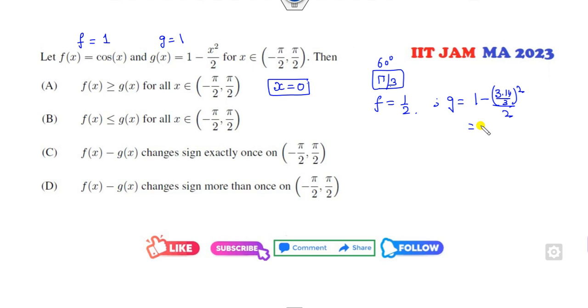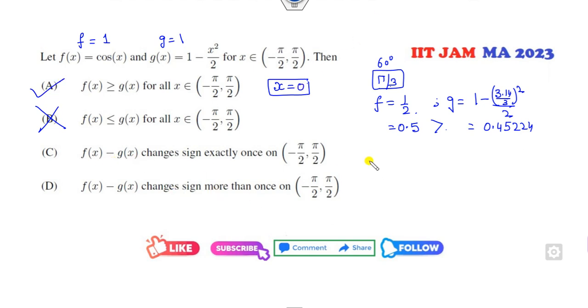So I can calculate this value: 1 minus (3.14 divided by 3) squared divided by 2. This number is 0.45224. So f is 0.5, which is greater than this. So this number is cancelled out. This is my positive sign.